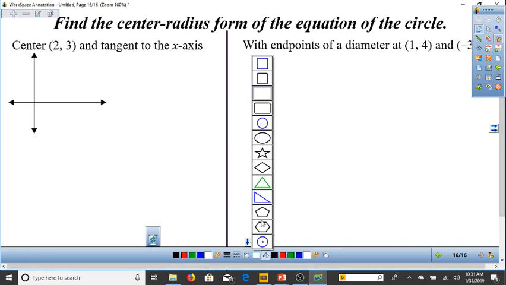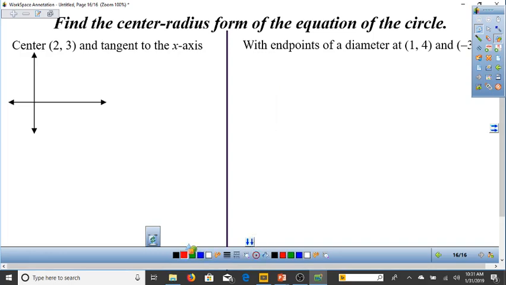So let's draw a circle. I'm going to use a different color. Let's use red. And I'm going to draw a circle such that its x coordinate is 2, y coordinate is 3. So let's say it's about right there. And I'm just going to draw it so that it looks like that. And there we have the circle tangent to the x-axis. It's kind of rolling on the x-axis.